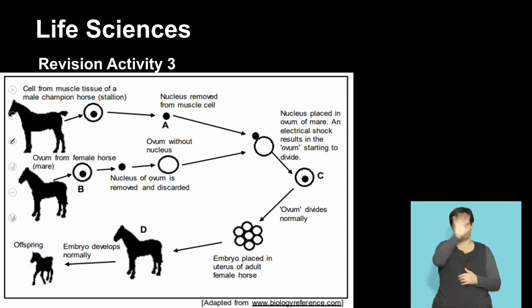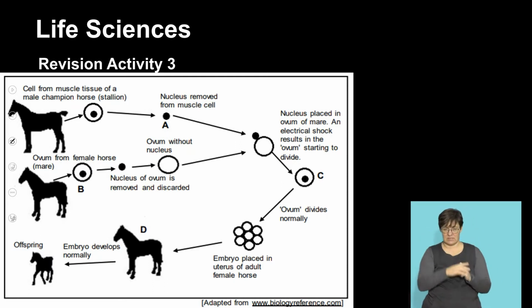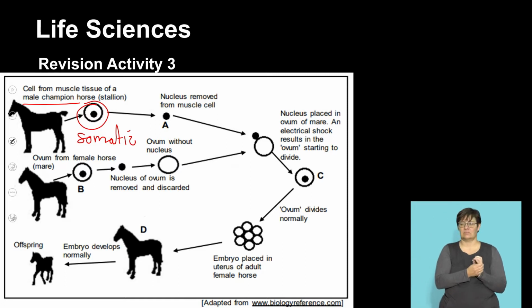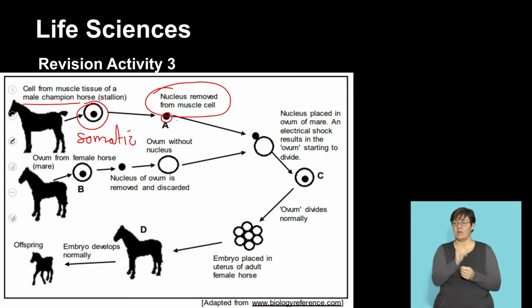So here's the image, and I've enlarged that for you. It shows you that a cell has been taken from a champion horse. And so this is a process of being able to extract a somatic cell that has all the genetic information of this particular champion horse. The nucleus of that somatic cell has been removed, and that nucleus is important because it has all the genetic information.